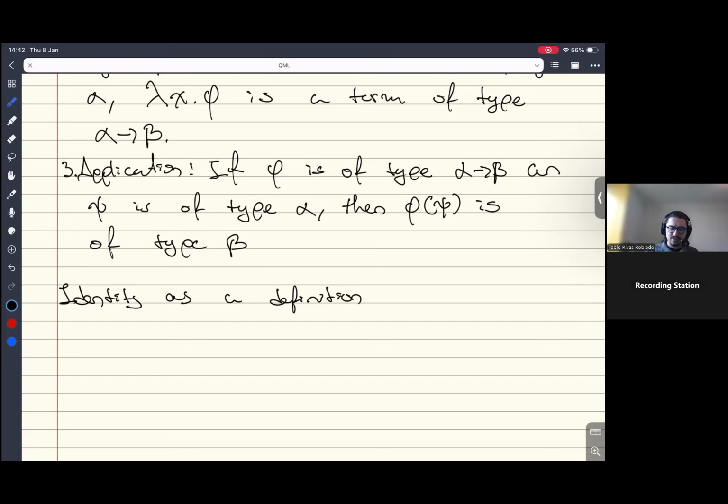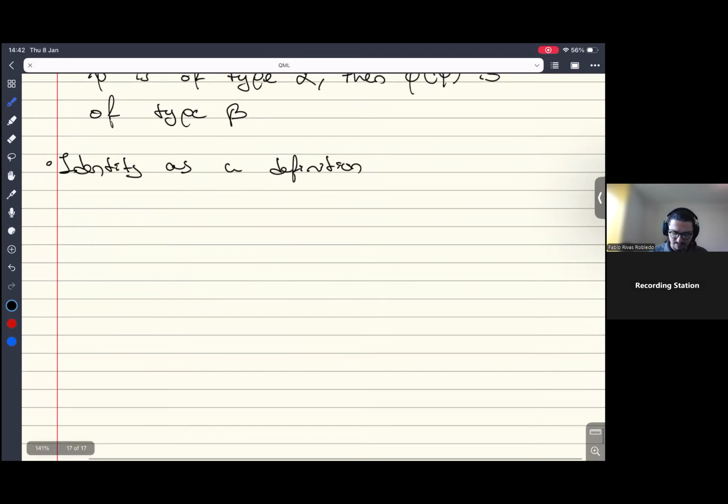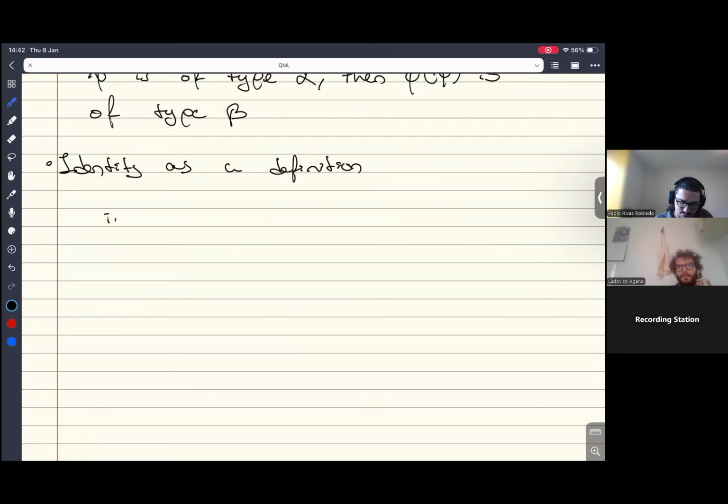But Ludovico brought something very interesting when we were doing the bingo, and it is the fact that there is Leibniz's law for identity. Ludovico, will you mind sharing what Leibniz's law is in terms of identity? Well, if two objects have the same properties, then they are identical, right?